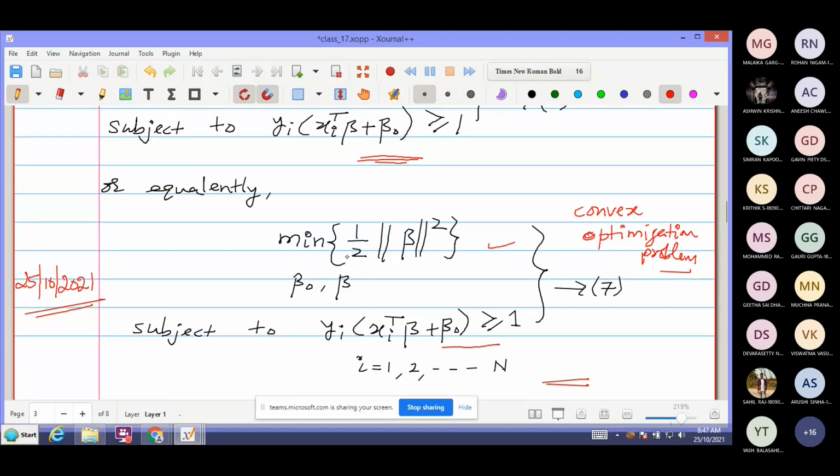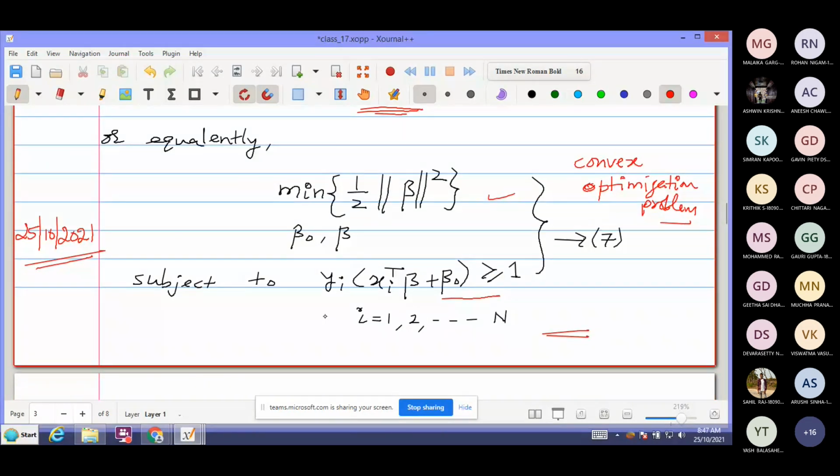So minimization of half norm 2 of beta, subject to the constraint that yi into xi transpose beta plus beta 0 is greater than or equal to 1, and this has to be true for all values of i from 1 to n, the entire training data set that we consider.